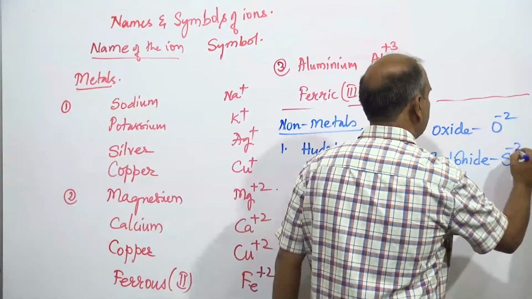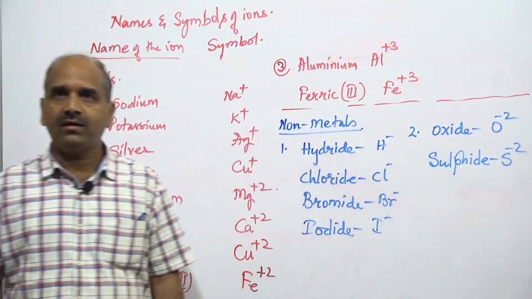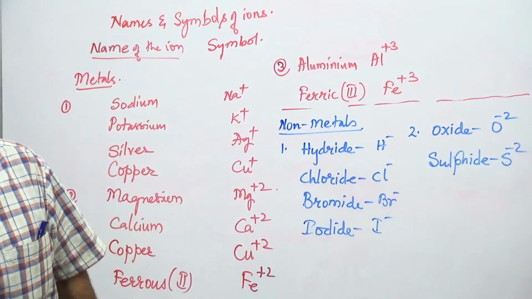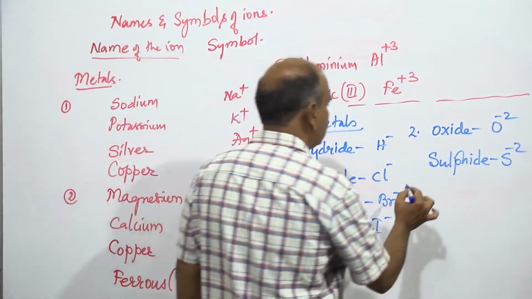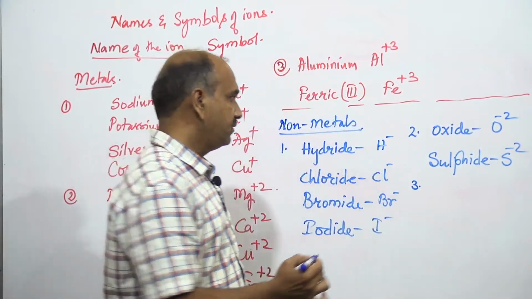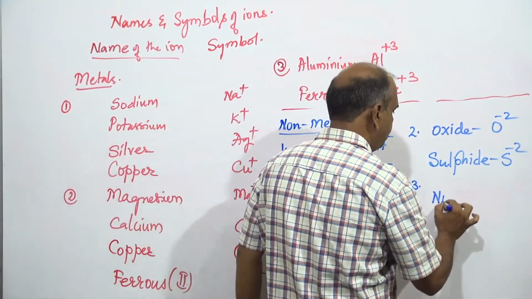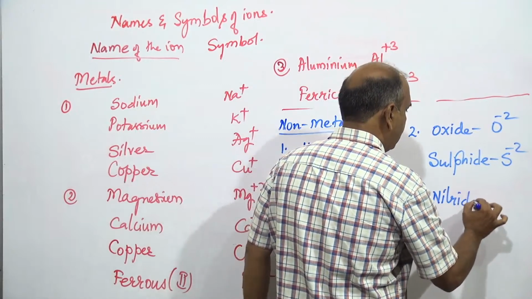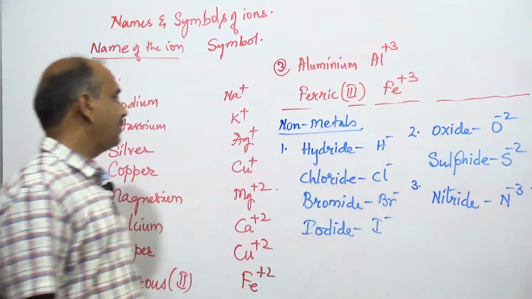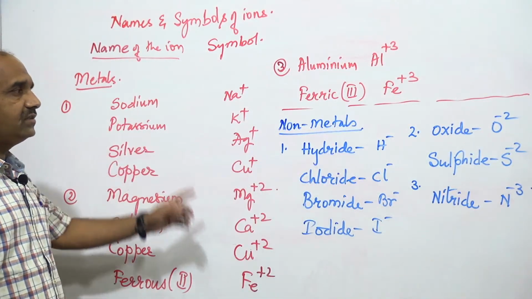Sulfide is S-2. Later, one more set is there. So with the -3 as the charge, so that will be nitride, N-3.